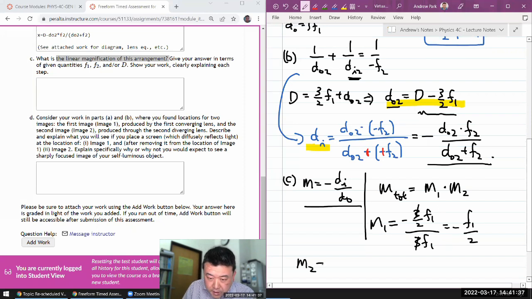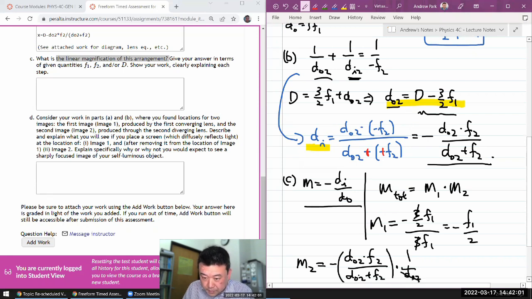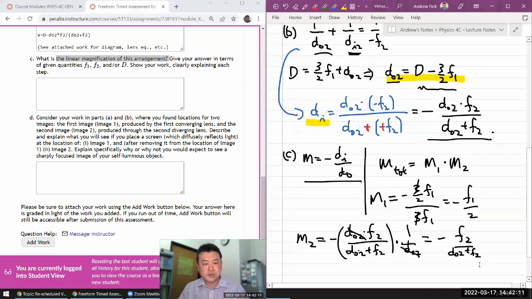And the second stage has that image distance, and I don't know how much it'll simplify. Let me just first write it out: DO2 times F2 over DO2 plus F2, that's the image distance, times 1 over the object distance. I can just write out DO2 because I think it's going to cancel, and minus F2 over DO2 plus F2. I think I'm going to leave the final answer in terms of this.